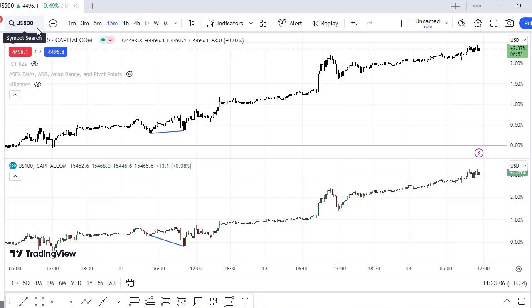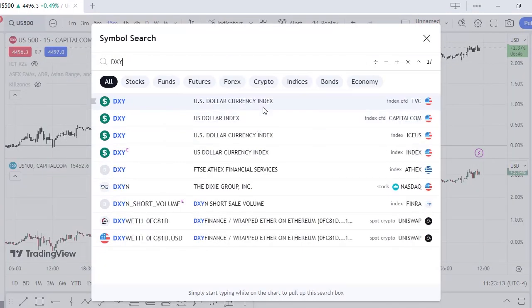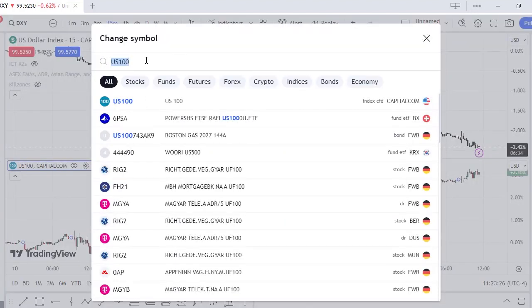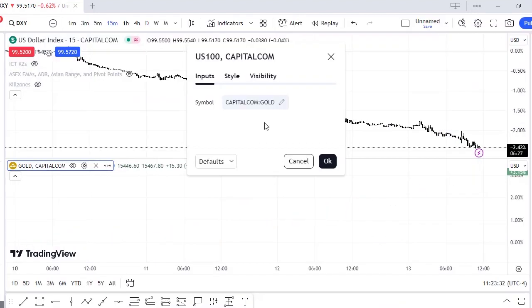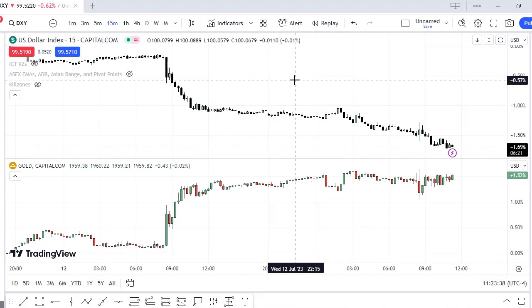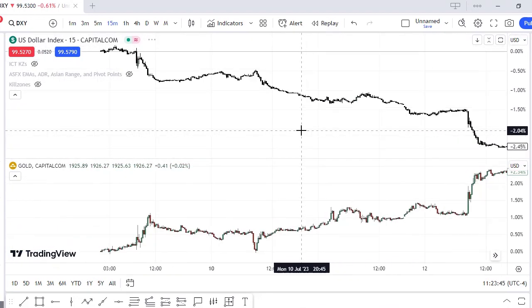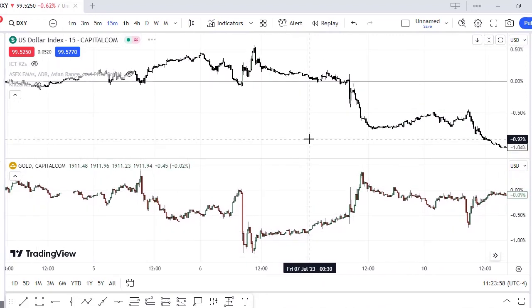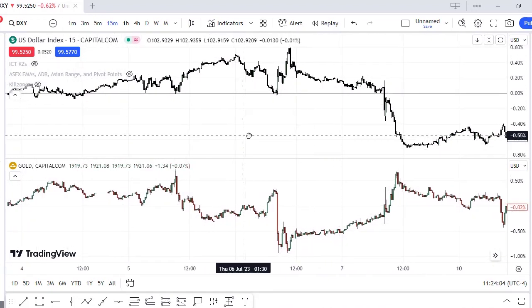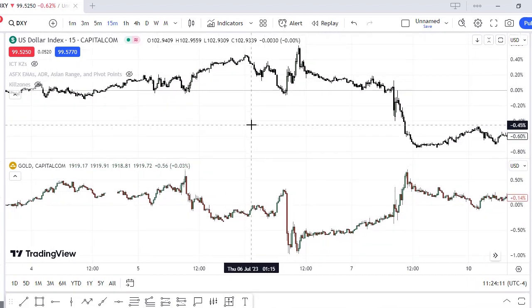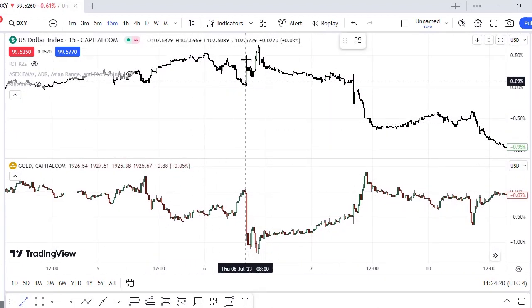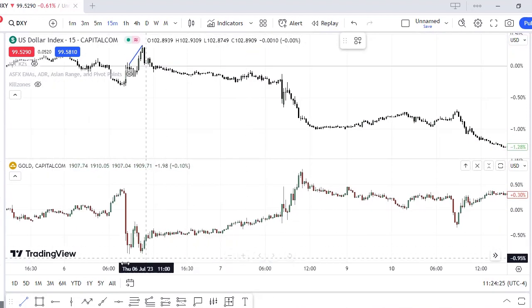Let's find SMT between DXY and gold. DXY made a higher high while gold at the same time failed to make a lower low.